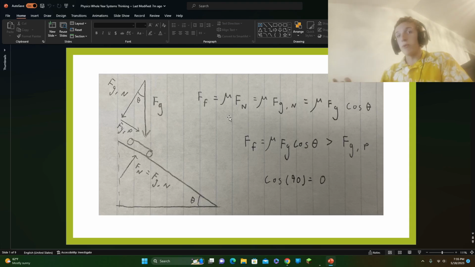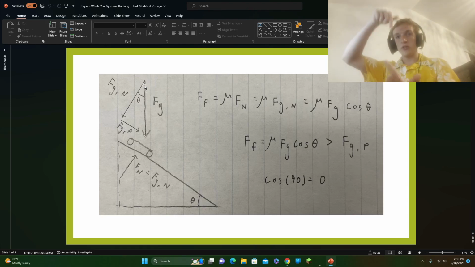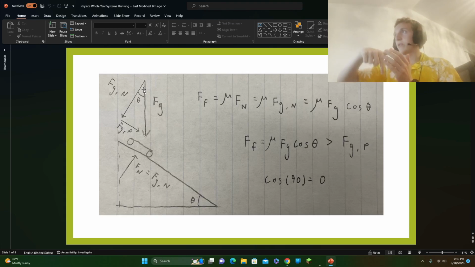To decrease the normal force, we need to consider what that means relative to the force of gravity. Force of gravity pushes straight down on the object, but the object is on an inclined plane. So the purely downwards force is split into two components: the normal component, which can be seen here, and the parallel component, which can be seen here. Now, this will be different based on what the angle of the ramp is. So in this case, theta here is equal to theta here.